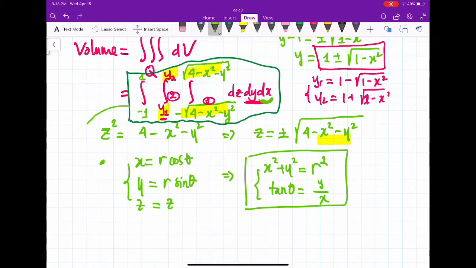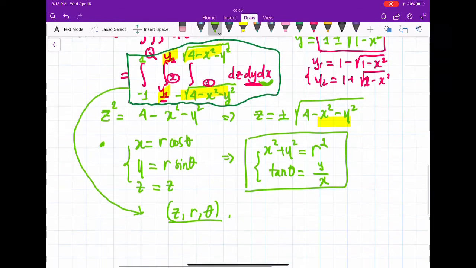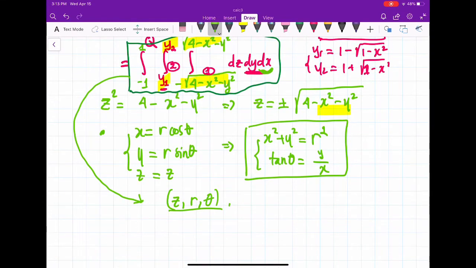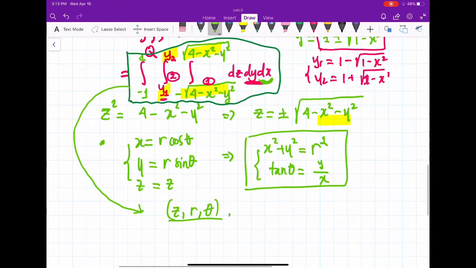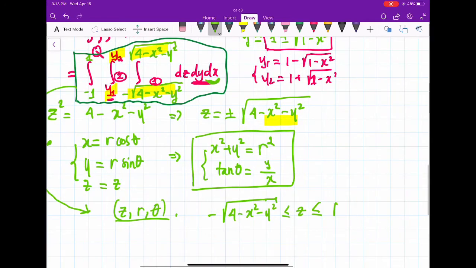Let's rewrite our integral in the cylindrical coordinates, z, r, and theta. So we need to determine integration limits, right? First, let's find the integration limit with respect to the z. So look at this integral. Z will go from negative square root of 4 minus x squared minus y squared to square root of 4 minus x squared minus y squared.